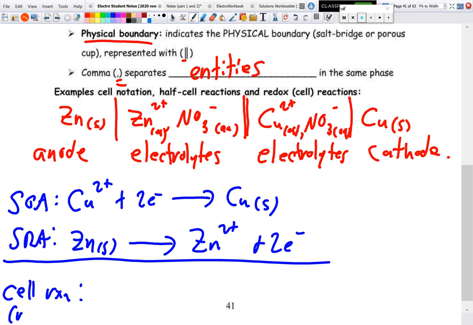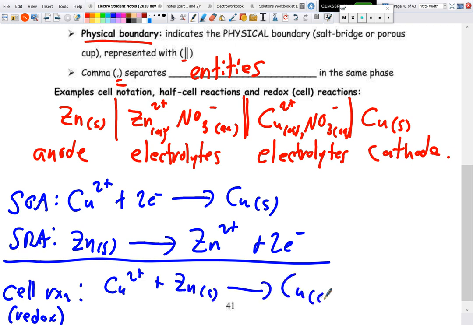And to put them together, our redox reaction is just going to be Cu2 plus plus zinc solid producing Cu solid plus zinc 2 plus, because the electrons cancel out. So that's how, as long as we have our correct orientation and we still follow the rules of figuring out what our strongest oxidizing agent is and our strongest reducing agent, we can figure out what should be a reaction. And of course we know this is spontaneous.